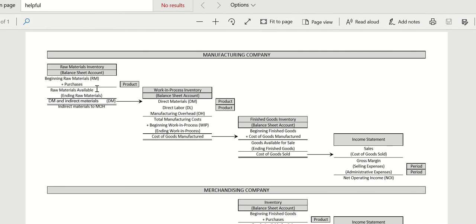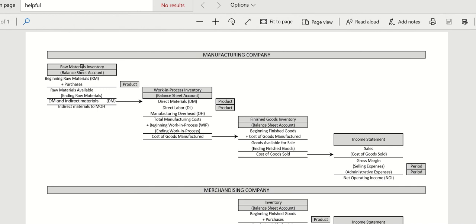If I forgot to keep track of how much I put into work in process, I could count how many are left over in the ending raw materials. Say I had $3 worth of raw materials left. I could assume that $7 must have been put into work in process or into overhead, depending on whether it was a direct material or an indirect material. The easily traceable ones are the direct materials, and the others are the indirect materials.